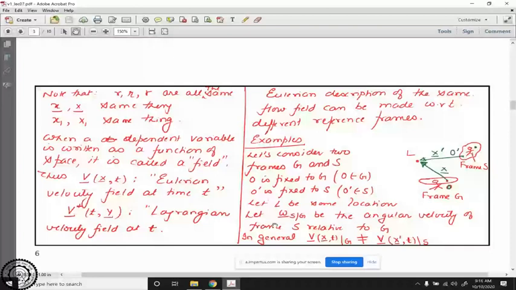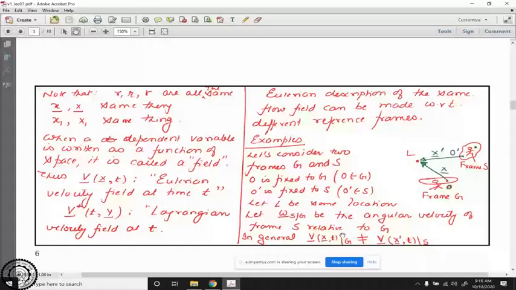So they will record the velocity of particle L, but in general these two velocities will be different. That's what I'm writing here, and I'm putting this bar G and bar S to distinguish the fact that the velocities are being measured from two different frames. Again, I'm following the convention that is there in Dumir.